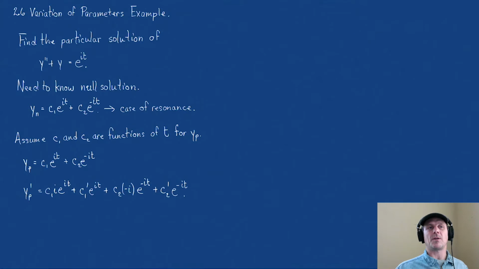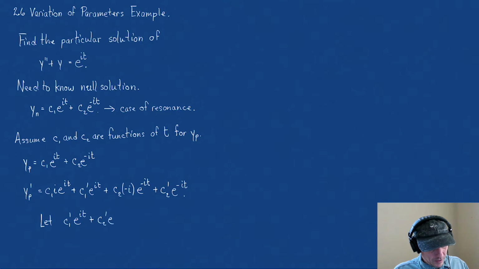And then the two terms that have the C primes, we let those equal 0. So we say let C1 prime e to the it plus C2 prime e to the minus it equal 0, and that is our equation 2.